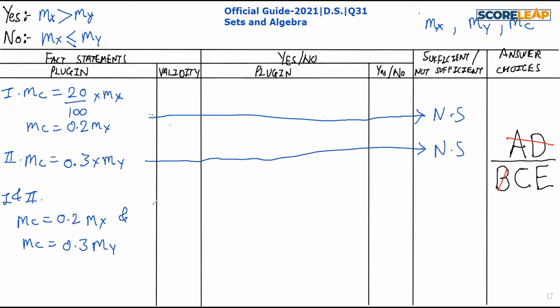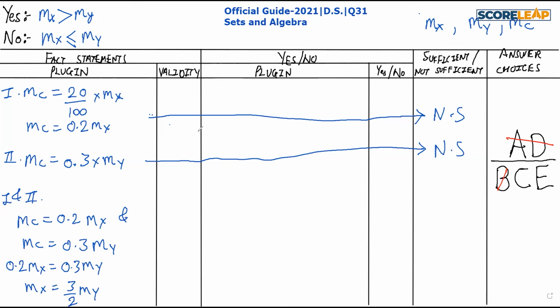Look, MC is equal for both of them, which means that 0.2 mx is equal to 0.3 my. In short, mx is equal to 3 by 2 of my. So whatever the number of members in club Y, the number of members in club X will be 1.5 times or 3 by 2 times the number of members in club Y.